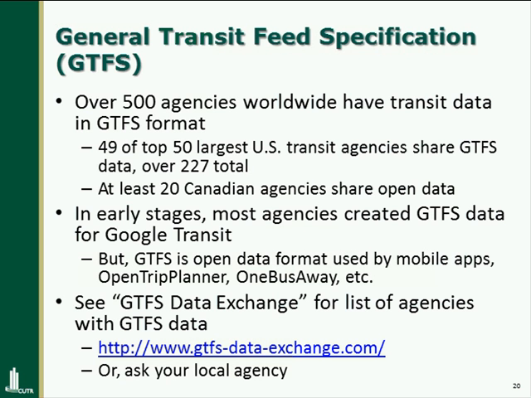There are all different types of mobile apps that rely on GTFS data to provide various types of transit services. It's also used by OpenTripPlanner and OneBusAway, which we'll talk about later in this presentation. If you want to review which agencies are sharing their data, the GTFS Data Exchange, whose URL is listed at the bottom of the presentation, is a good place to start to see which agencies are providing their data.